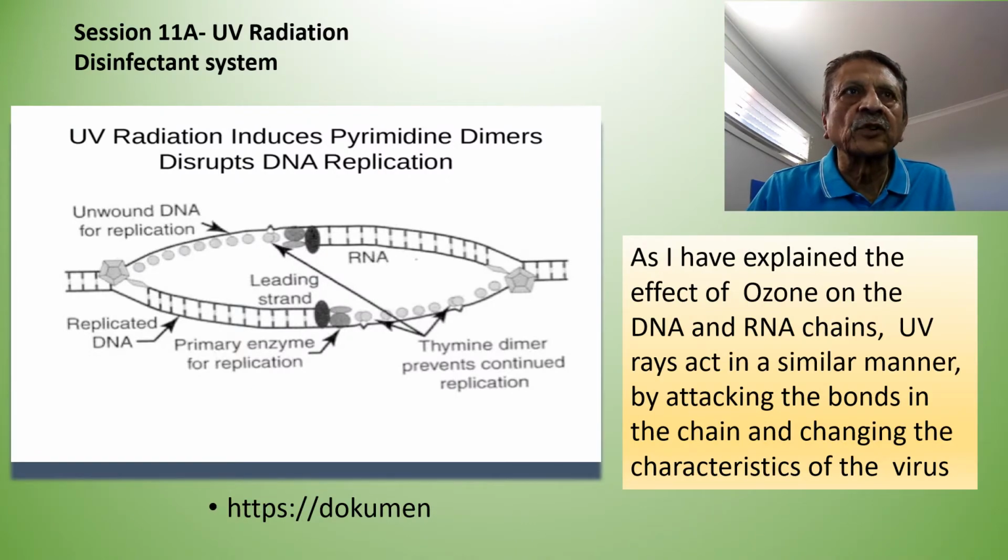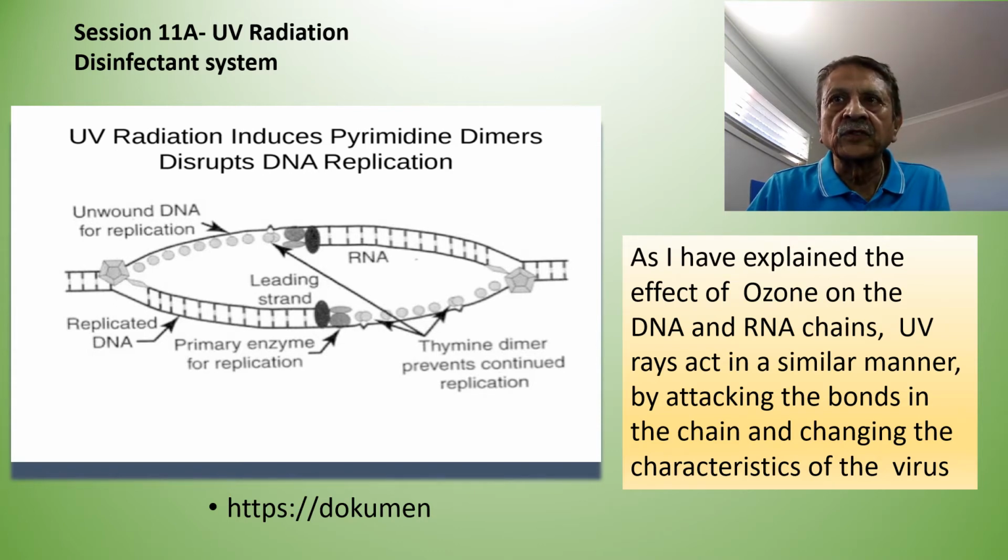The picture here shows a typical DNA strand which has been split into the RNA. The UV radiation induces the dimers, disrupts the DNA replication by reacting and breaking down the bonds.